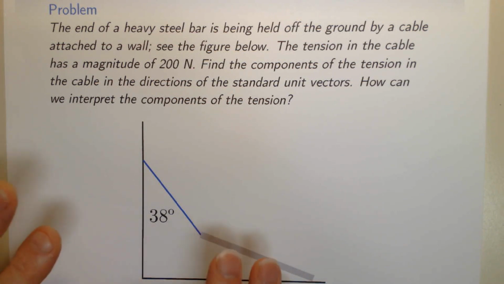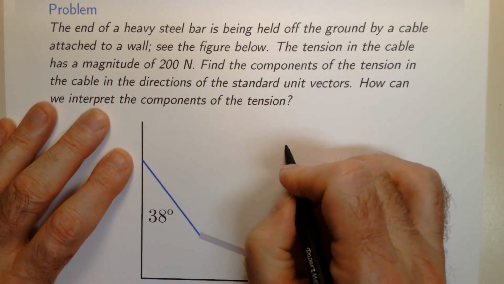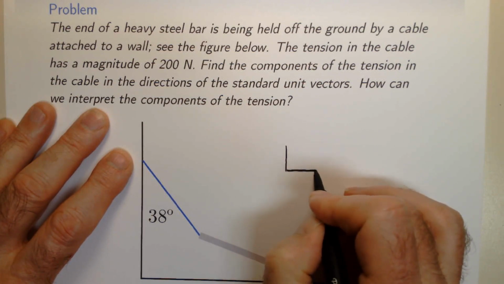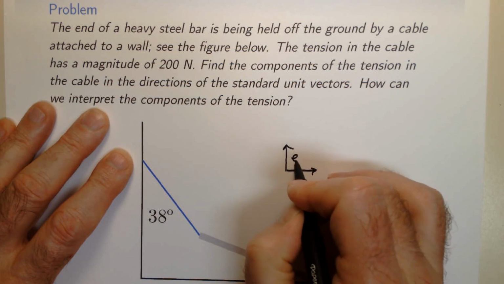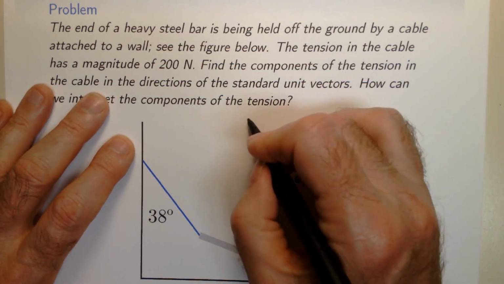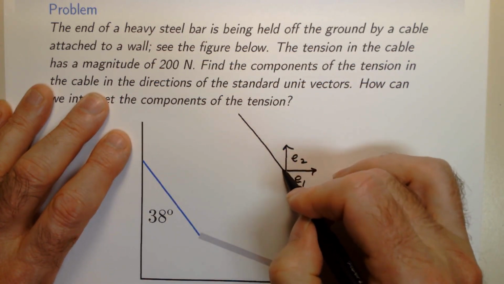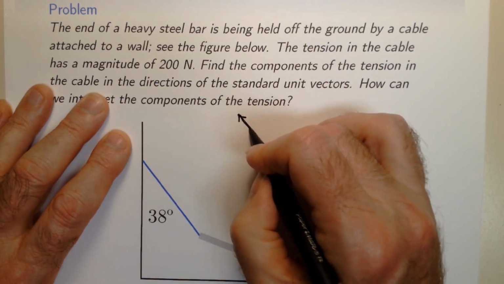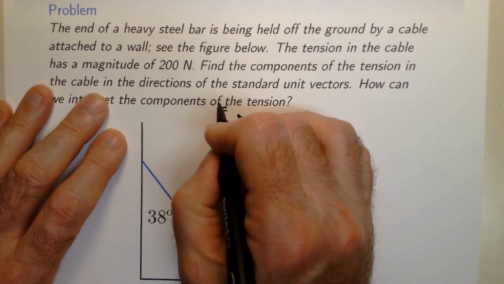So it's more helpful to see what's going on in this fashion. We've got our two standard unit vectors, E1 and E2, and there is some force vector being directed along this cable. Let's call that F. That's the tension in the cable.